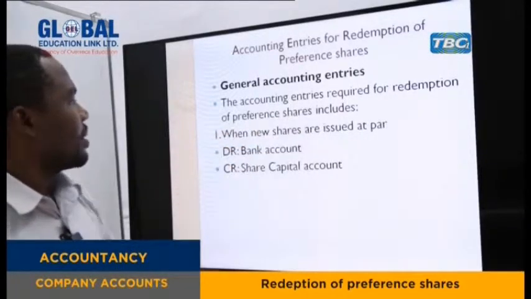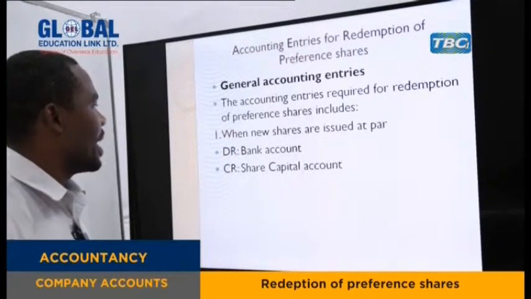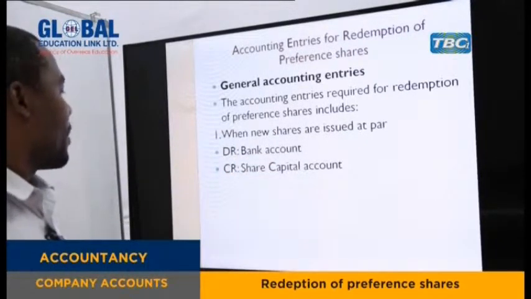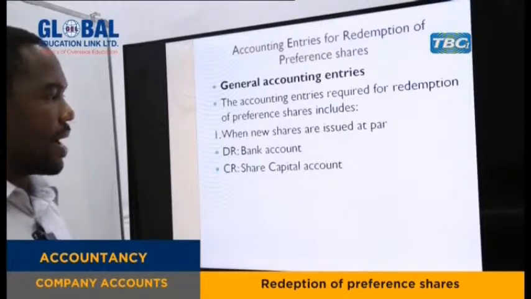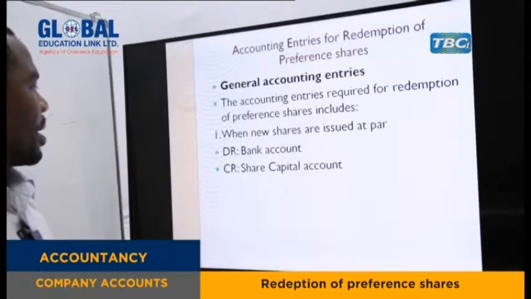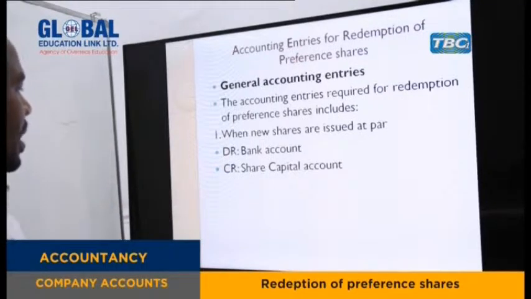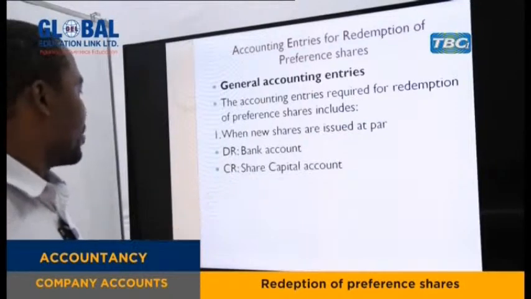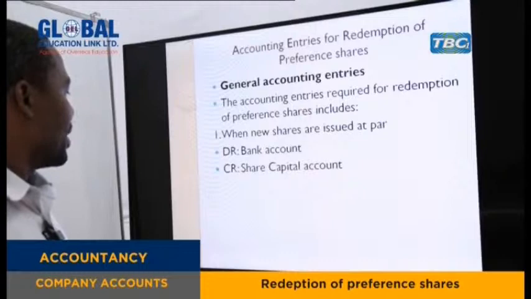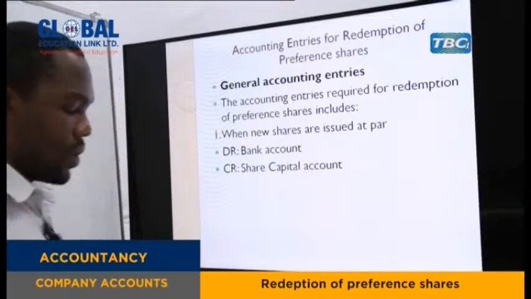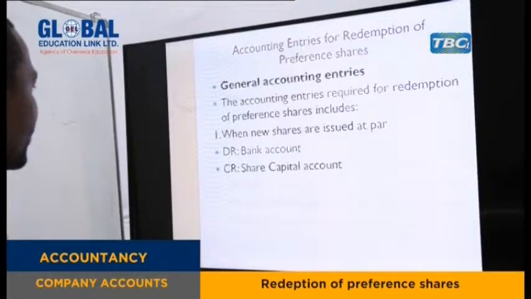The accounting entries required for the redemption of preference shares include, 1, when new shares are issued at par. If we redeem by using an external source, that we issue shares, especially ordinary shares, we debit bank account to recognize the amount received from the share applicants, and we credit share capital account.